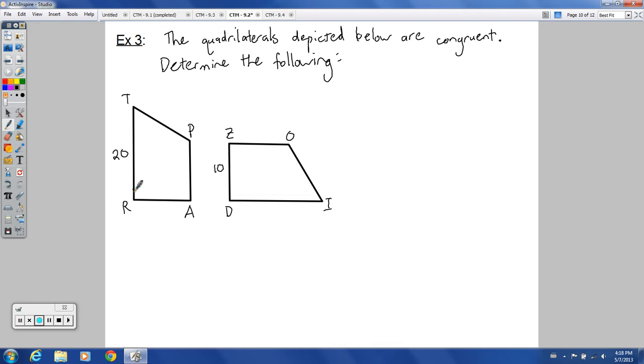I'm also going to tell you that this angle is right and this one's right. Same thing here and here. So I'm saying they are congruent.